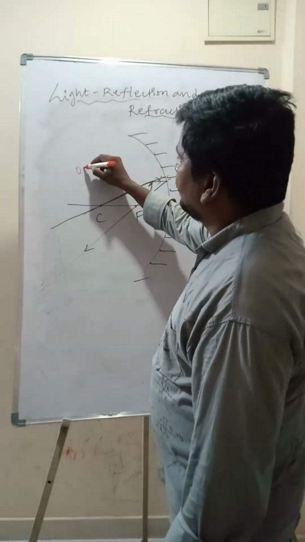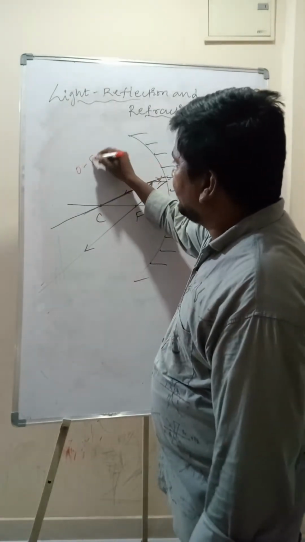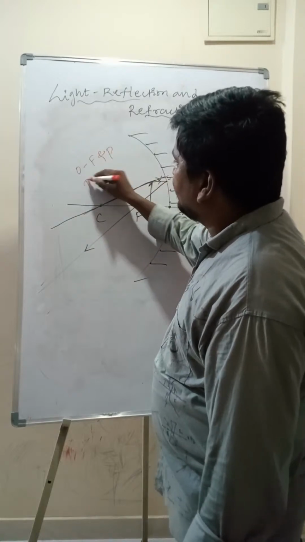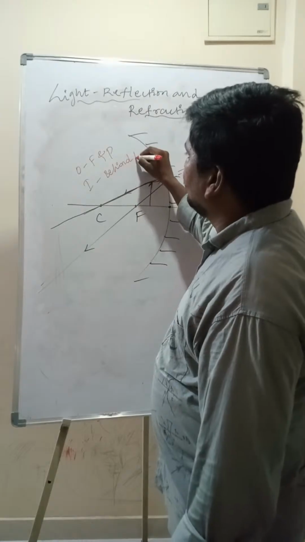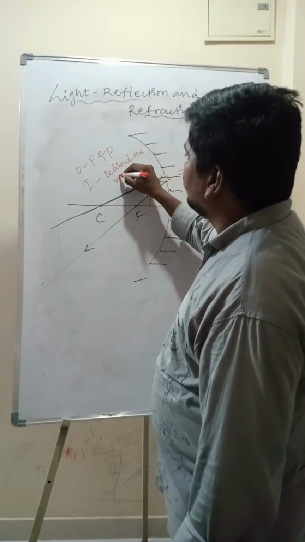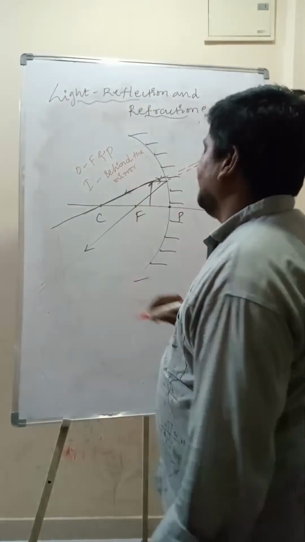Object is between F and P. Image is behind the mirror. So position of the image is behind the mirror.